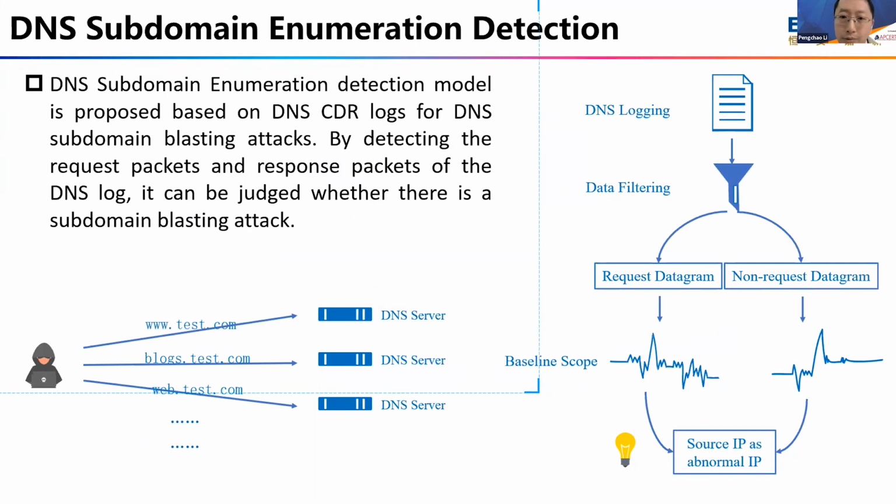For DNS subdomain blasting attacks, by detecting the request packets and the response packets of the DNS log, it can be judged whether there is a subdomain blasting attack. Beacon analysis is used during abnormal DNS datagram identification.